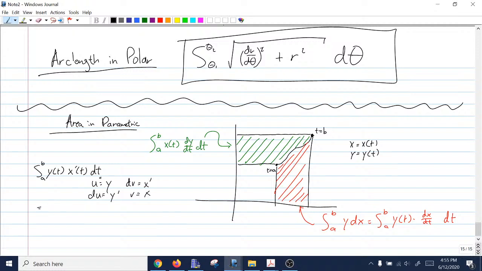This is going to be equal to uv, x of t y of t, minus the integral of v du, x of t y prime of t dt. The integral had bounds on it, so this is from a to b, and this is from a to b.